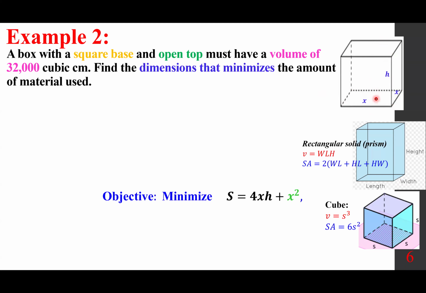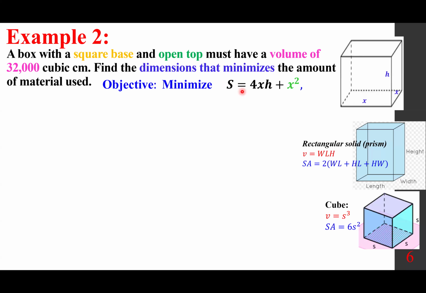So the objective is to minimize the surface area of 4xh plus, again, 1x squared. Why not 2x squared? The bottom is covered, but the top is not because it's an open top. The volume is supposed to be 32,000.